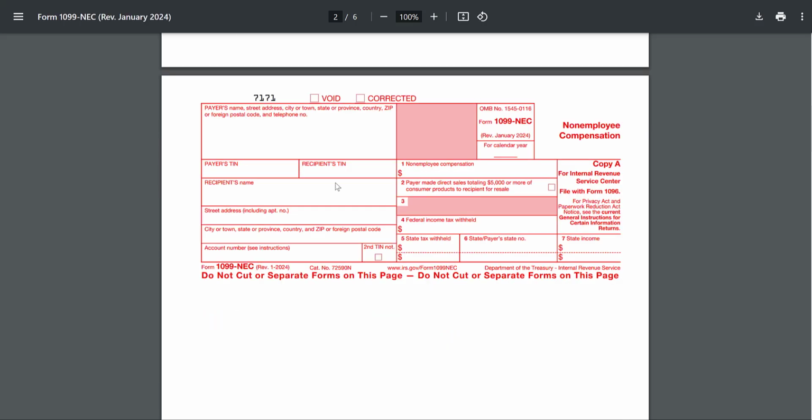So that's Form 1099 NEC. You can actually electronically file these. There's a bunch of systems that allow you to do that. So if you have QuickBooks, you can file it through QuickBooks. If you have another bookkeeping software, some of them allow 1099 submission.